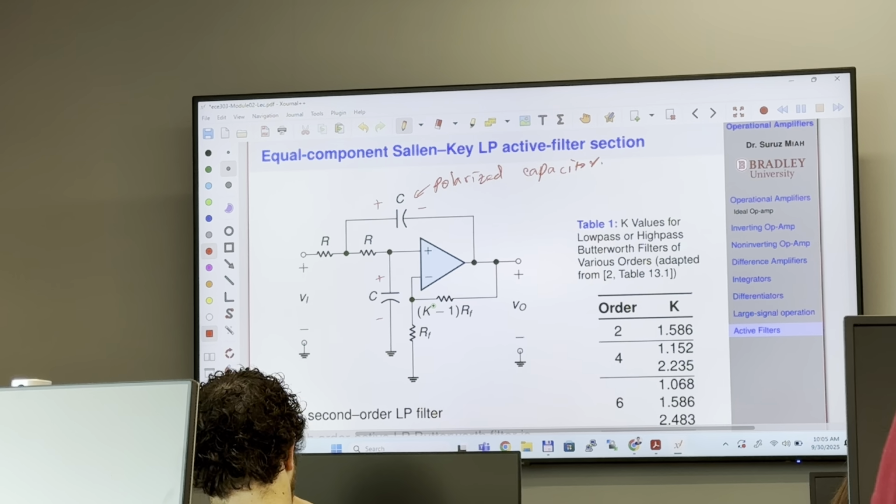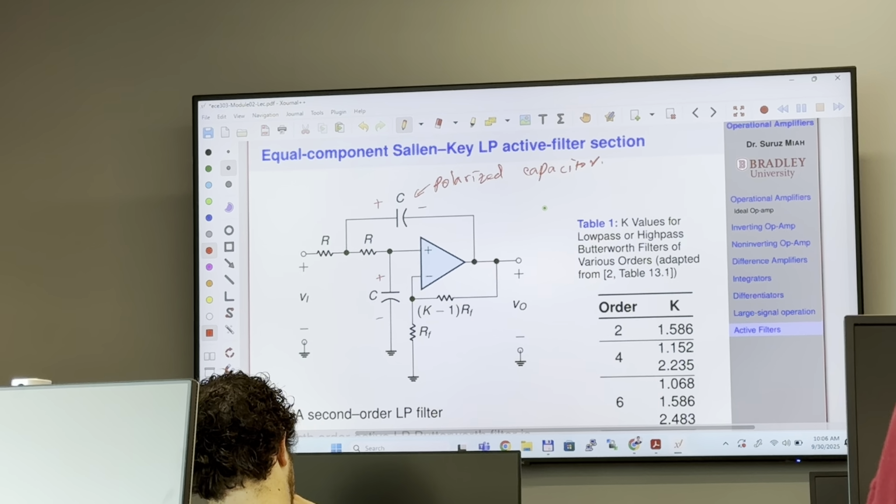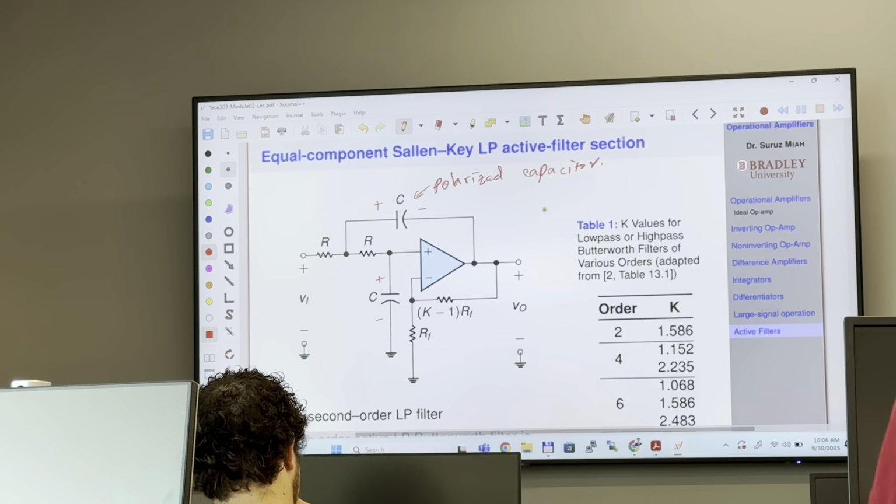Can anyone tell me what those capacitors are called? The capacitors that do not have any polarity. We have these in the lab, and most of the time we use those capacitors. Those are called ceramic capacitors.